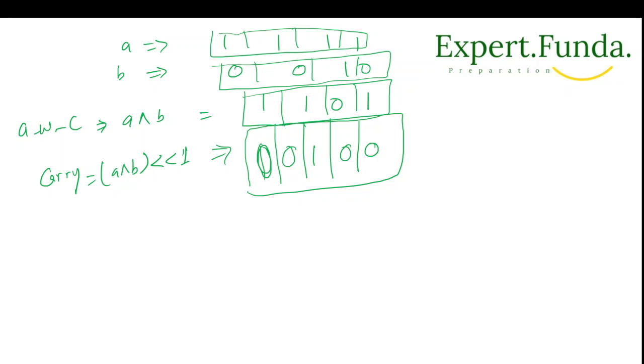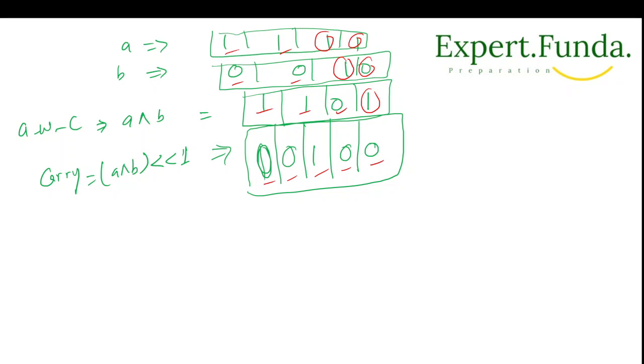So what we are doing: 1 XOR 0 is 1, 1 XOR 1 is 0, 1 XOR 1 is 0, 1 XOR 0 is 1. And for carry, 1 and 0 gives 1, no carry; we have 1 1, no carry; we have 1 0, carry 1; 1 1, no carry, because previously we had 1 and now we added one more, and then 0. Like this we are getting it.